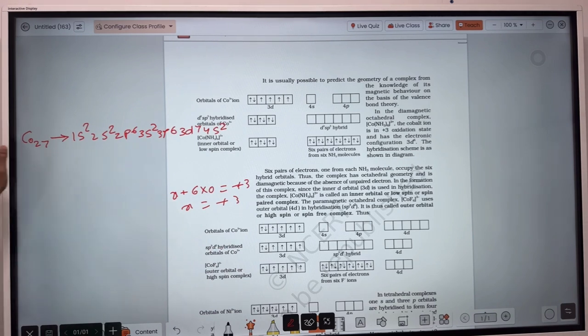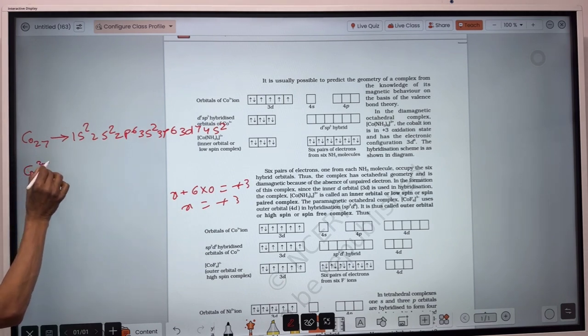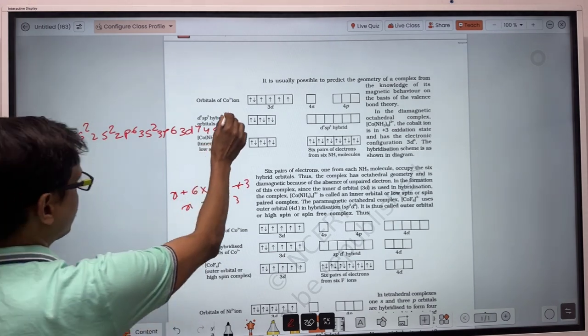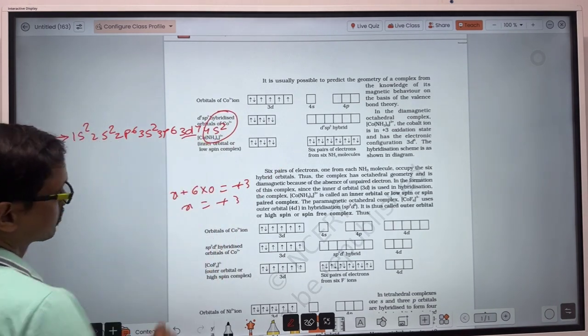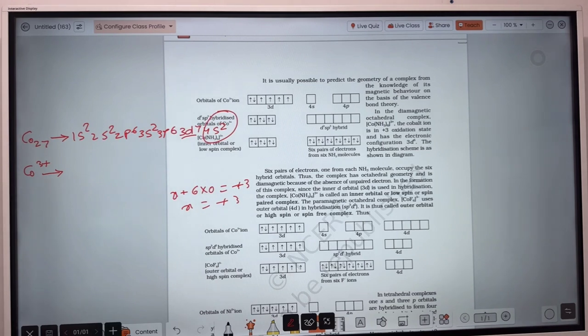So we will have to write the electronic configuration of Co3+. To form Co3+, 2 electrons from 4s will be lost, and 1 electron from 3d will be lost.